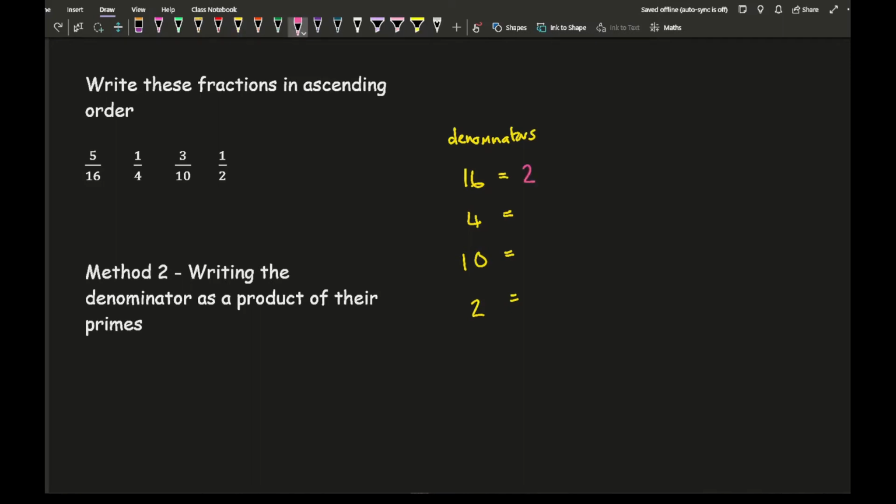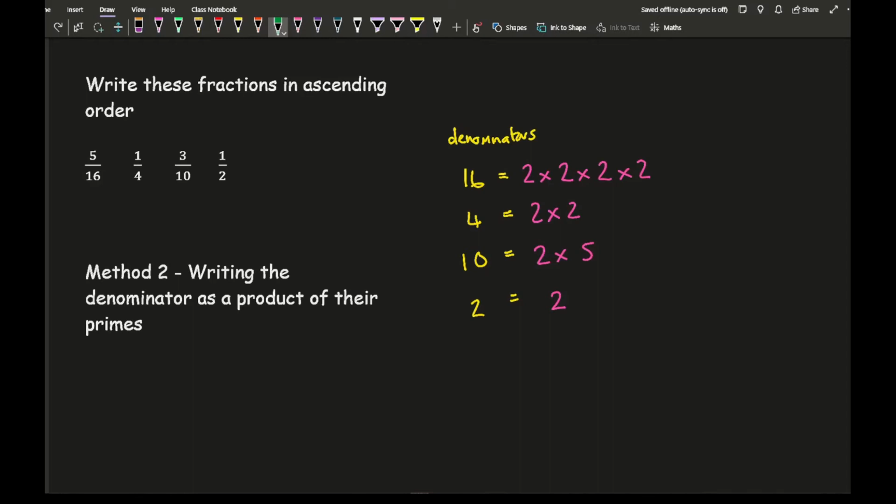Here, writing it as a POTP, or product of their primes, I've got 2 times 2 times 2 times 2. Now 4 is 2 times 2, 10 is 2 times 5, and 2 is just 2. What I want to do is get all of these products of their primes having the same amount of numbers and the same numbers.